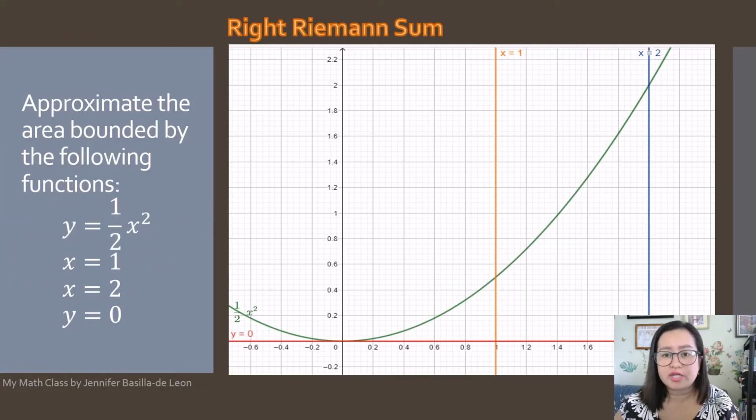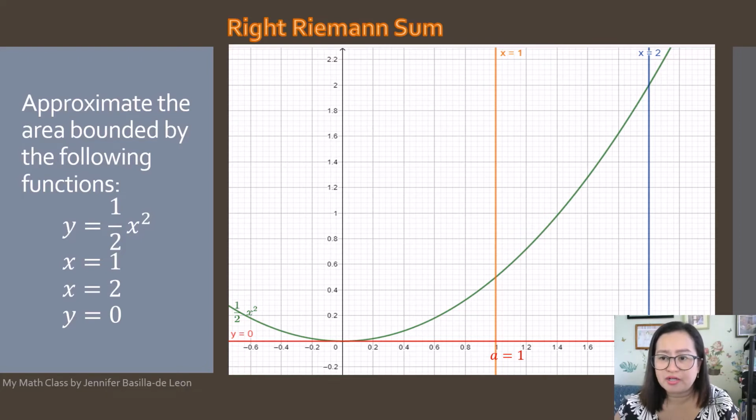Now let's try to use the right Riemann sum formula in approximating the area bounded by the given functions. We start by identifying the closed interval at which we consider the curve y equals 1/2 x squared. As given in the problem, we have a equal to 1 and b equal to 2.